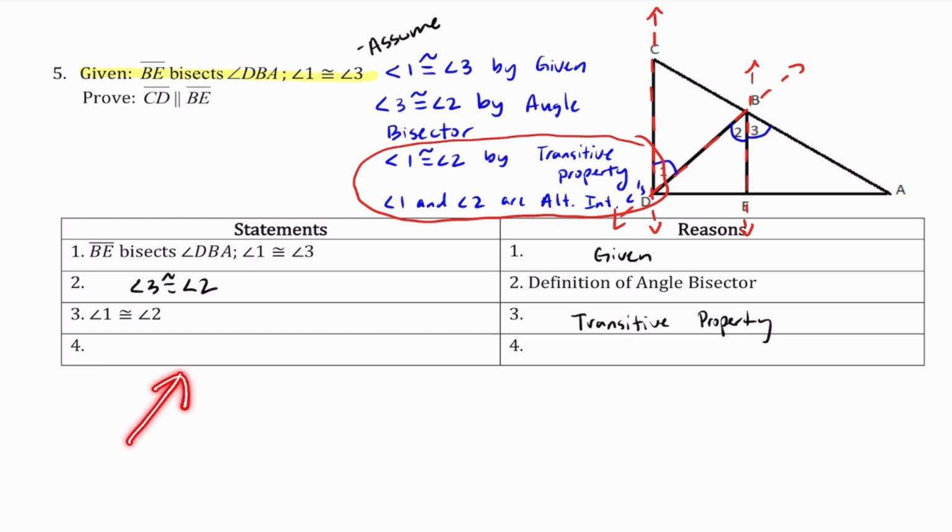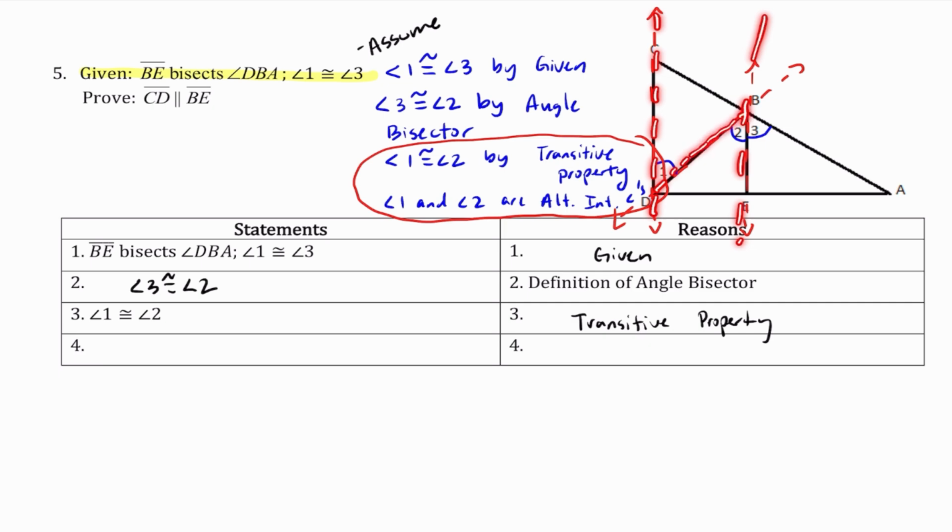And then the last statement is always what you're trying to prove. So, we know that angle 1 is congruent to angle 2. Here's angle 1, here's angle 2. They are interior angles and alternate.